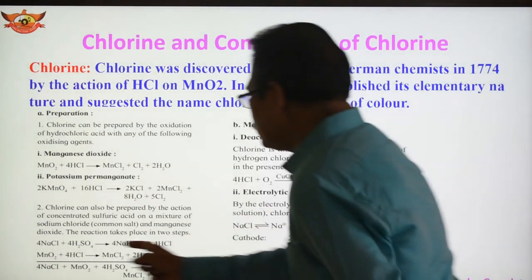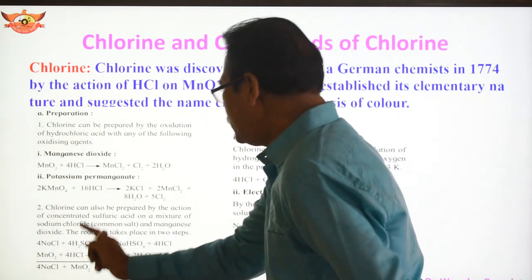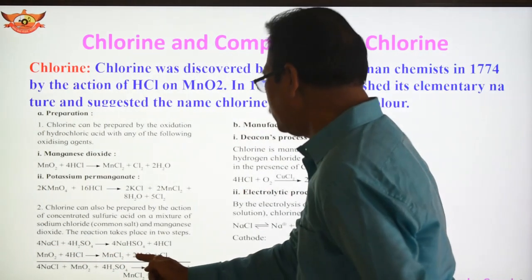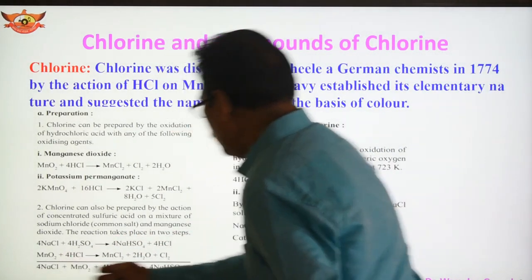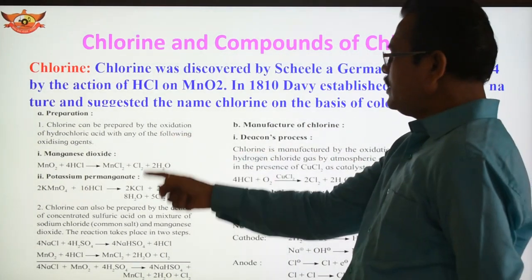This HCl formed in the first step reacts with MnO2, and we get MnCl2, 2H2O, and chlorine. Overall, combining these two, we obtain the complete net reaction. So this is the first method, and now the second method.